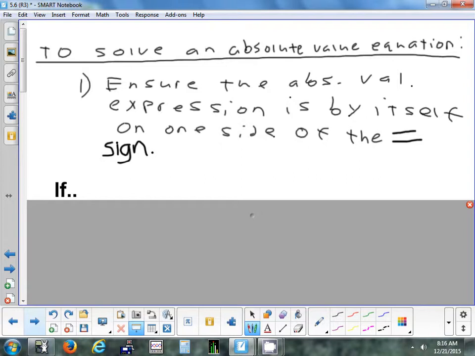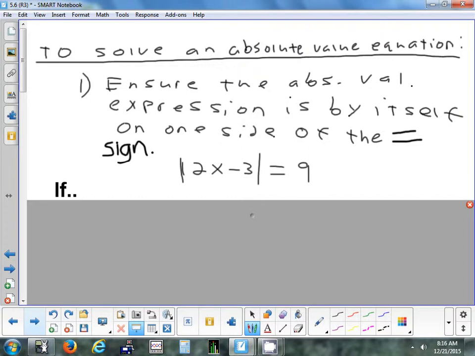Here's an example of a problem that is good to go: the absolute value of 2x minus 3 equals 9. The absolute value is by itself. There's nothing else on the left-hand side except the absolute value.